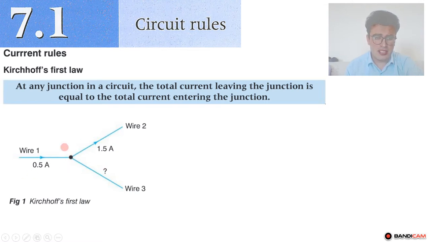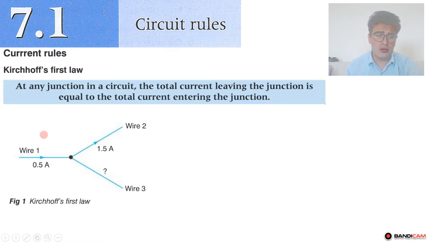If you look at these three wires, in this wire we have 0.5 ampere of current passing through, and the direction of the current is into the junction. It means it flows into the junction. In wire 2, the amount of current passing through is 1.5 ampere, but the direction of the current is flowing out of the junction, dear student.